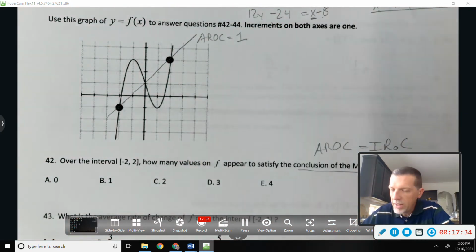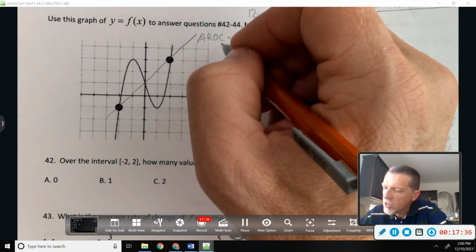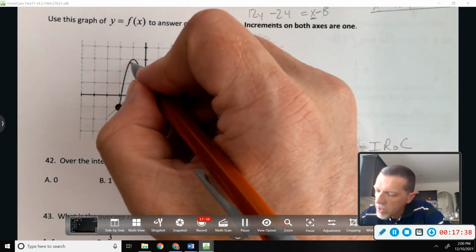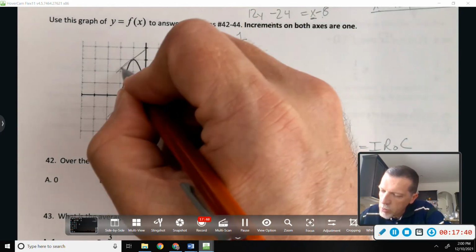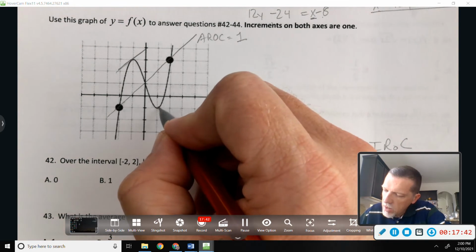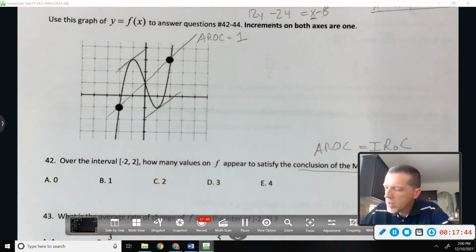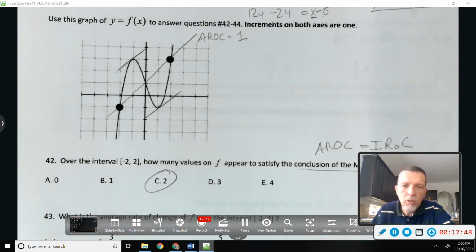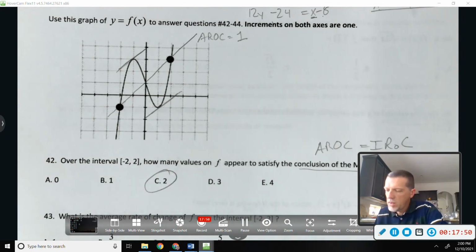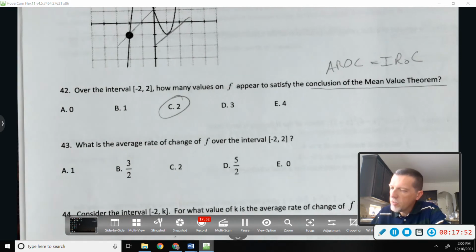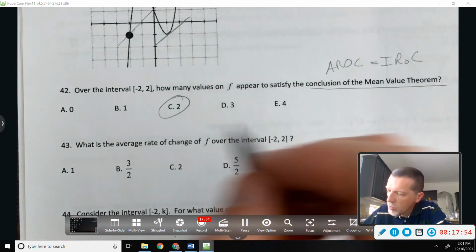So how many places does the instantaneous rate equal 1? Well, somewhere around there it equals 1. Somewhere around there it equals 1. Nowhere else does it equal 1, so I would say 2 places. Average rate of change, we just found that. That was 1.